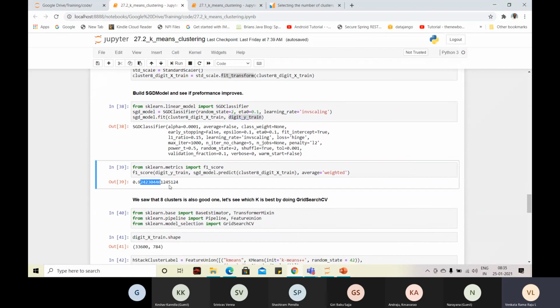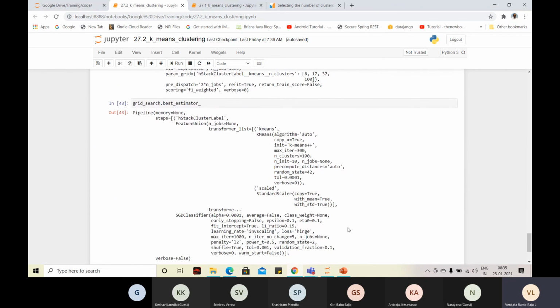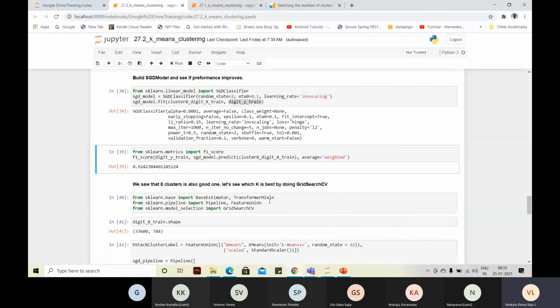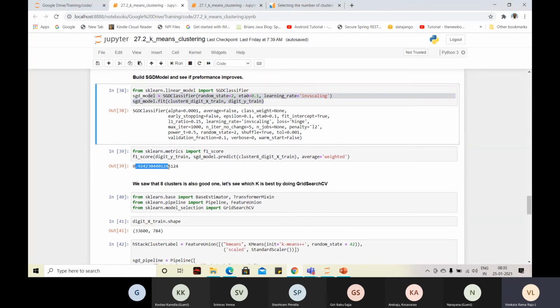See, it did not improve much, but in some cases, when the classification algorithm is not working well, you can actually take clustering as a help. You do clustering and add that as a new column to the data set and then build a model. And then it may improve performance a little bit.